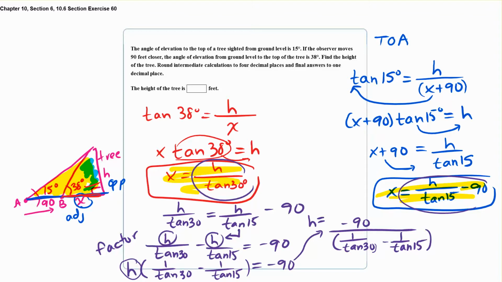Well, that's negative 2. So now I have negative 90 divided by negative 2. So go ahead and do that division to simplify that further, and you get positive 45. So the height of the tree will be 45 feet.